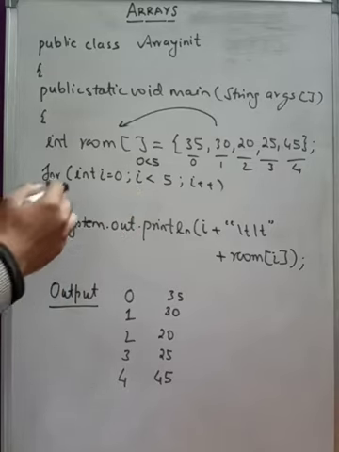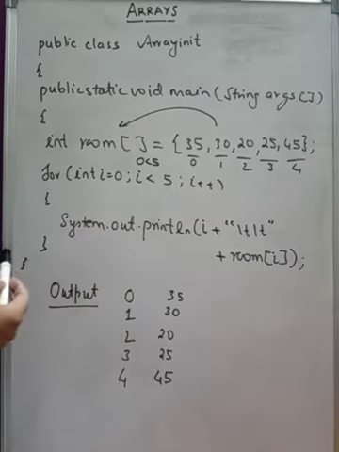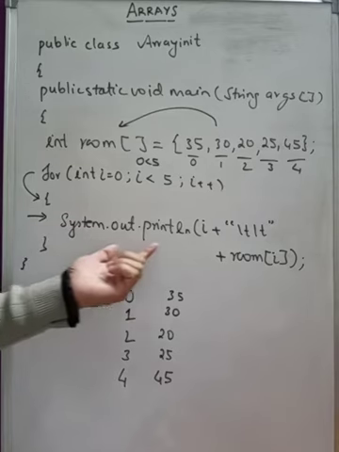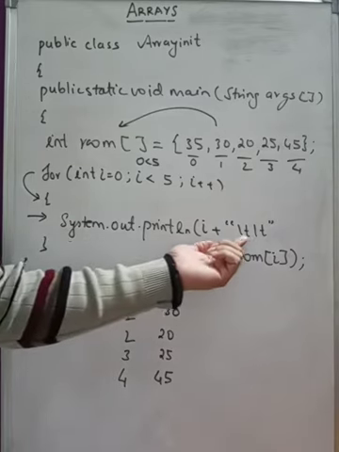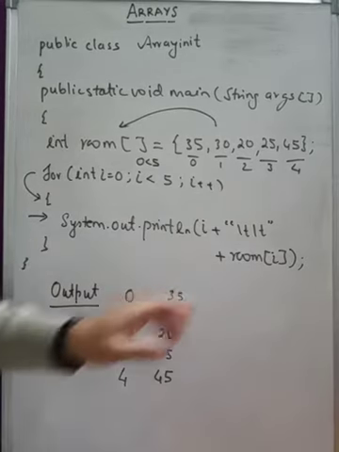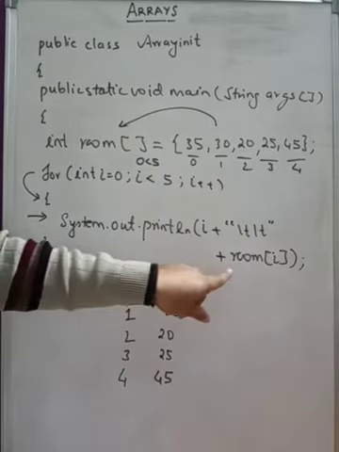So the very first time the loop runs, 0 is less than 5, this condition will be true. In that case you will enter the body of the loop and first execute this statement, which is written as System.out.println(i + "\t" + room[i]). It will provide you some extra space, and then it will take the value.